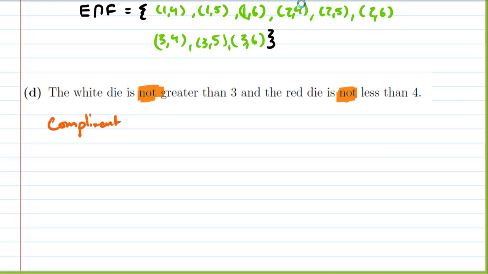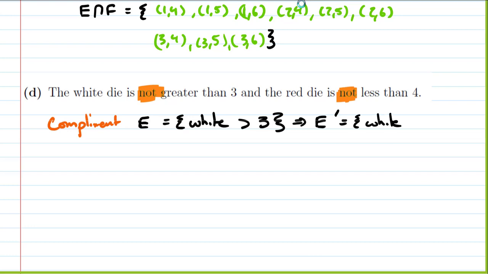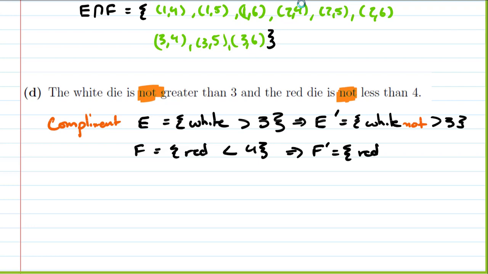So if we let E be the event that white is greater than 3, then E complement is white not greater than 3. And similarly, if we have F is red is less than 4, then F complement is red is not less than 4.